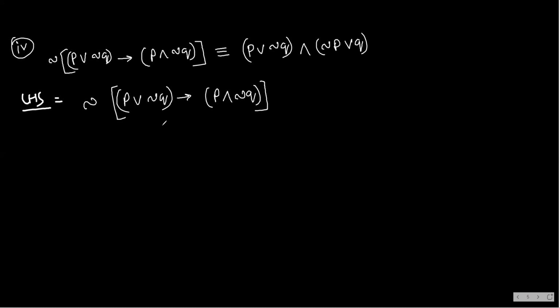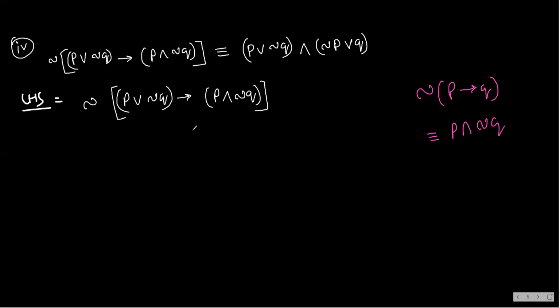Okay, so here, as you all know, we have a negation outside. So first I will apply the negation law. What is negation of P implies Q? You know, it is P and not Q. Negation of P implies Q is P and not Q.